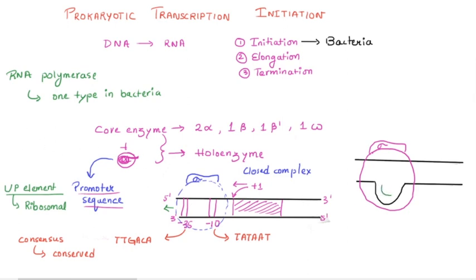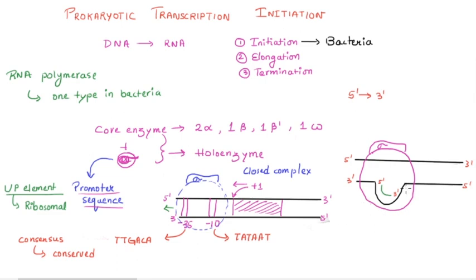Now, the RNA polymerase can only synthesize RNA in the 5' to 3' direction. It cannot do so in the reverse manner. So if this is 5', it's 3', 5', and 3'. So the RNA polymerase would start synthesizing according to the template strand in the 5' to 3' direction.